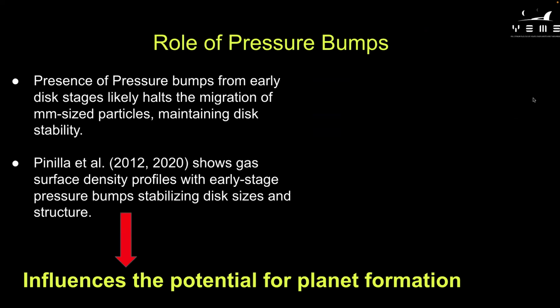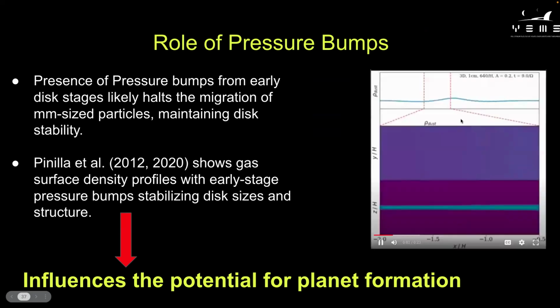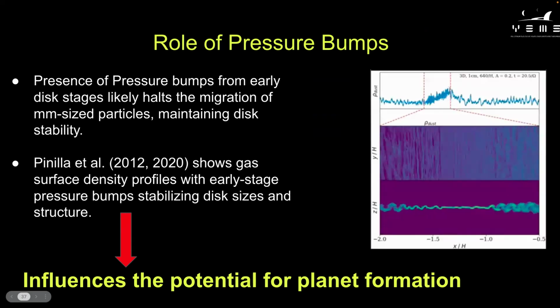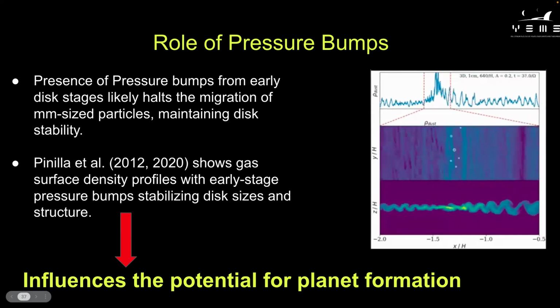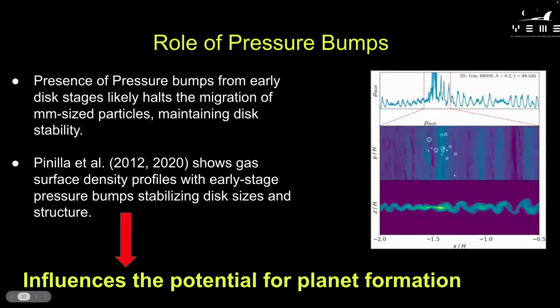But one of the roles of pressure bumps is very important here. You can imagine that when gas is significantly interacting with dust particles, it will create pressure bumps. This is the disk seen edge-on, and this is the disk seen from the top, and you can see these pressure bumps being created.